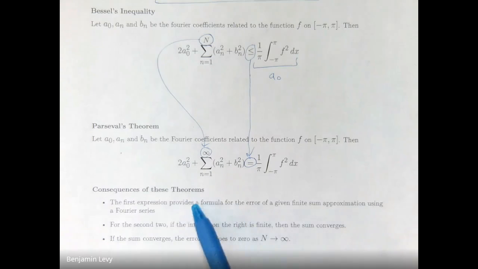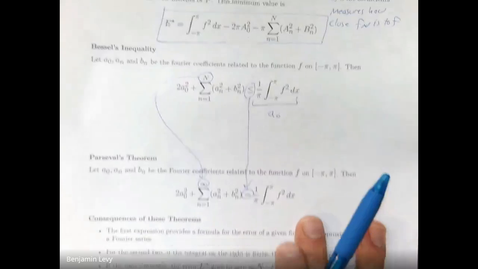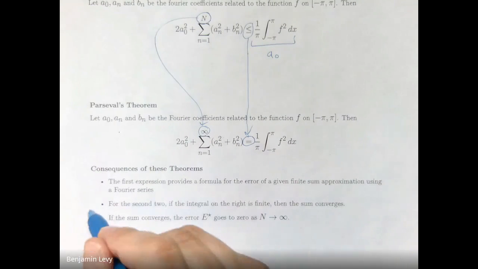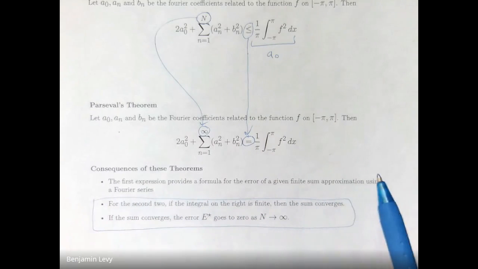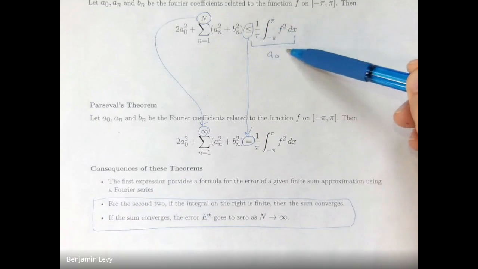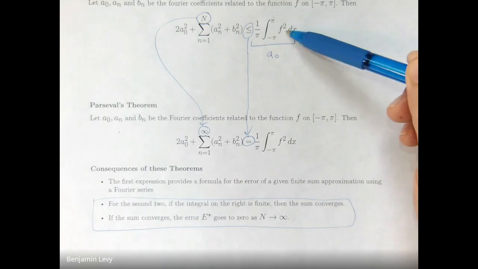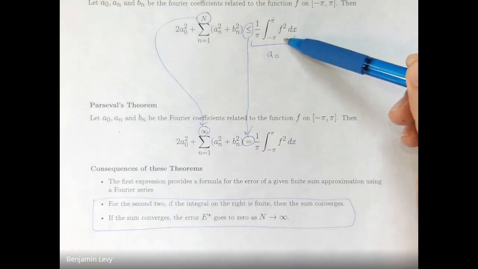And so the consequences are what it says down below. We know the first formula tells us the value of the error. So if you're asked to calculate the error that actually exists, you can just use this formula. And for the second two, the key takeaway from this page is that if this integral on the right, the integral of f squared, is finite, in other words, if there are no discontinuities and things like that between minus pi and pi, you're going to get a finite integral.